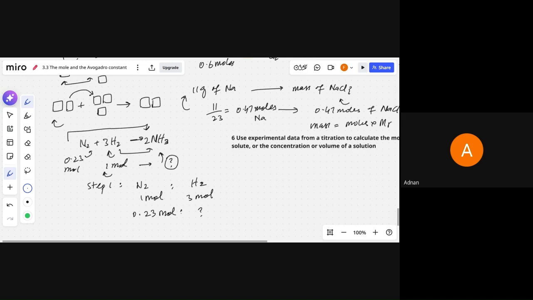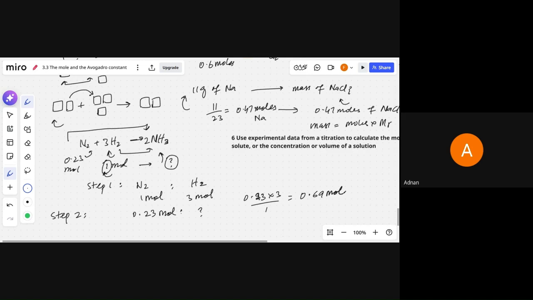This step is called cross checking. This is step 2. So 0.23 multiplied by 3 divided by 1. When we cross multiply, 0.23 times 3, we get 0.69 moles.